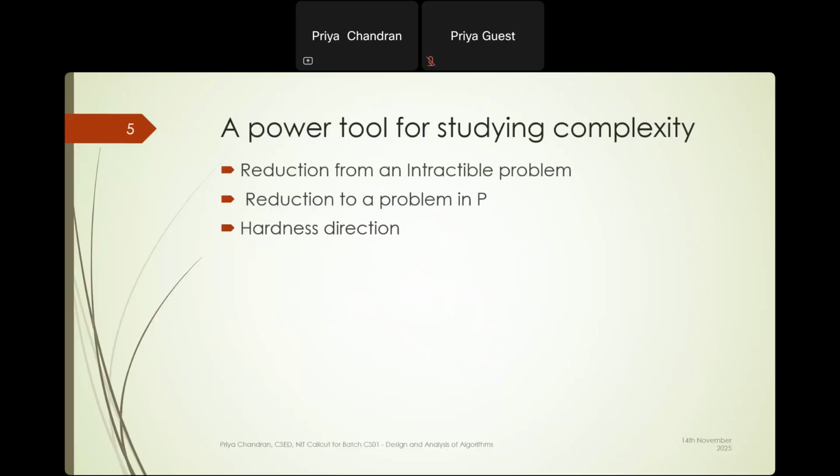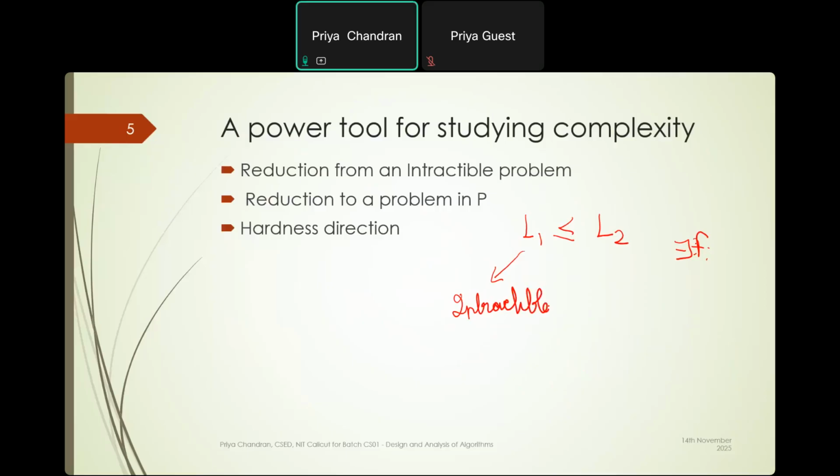Now, reductions are a powerful tool for studying complexity. So we will look at some implications of reductions. Suppose you have that L1 is polynomial time reducible to L2, which means that you already have a function f of the type that we said. Now, suppose L1 is intractable.